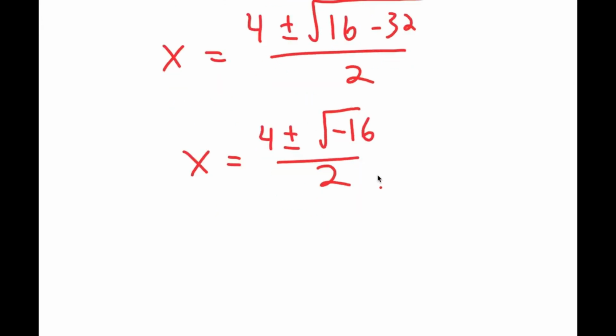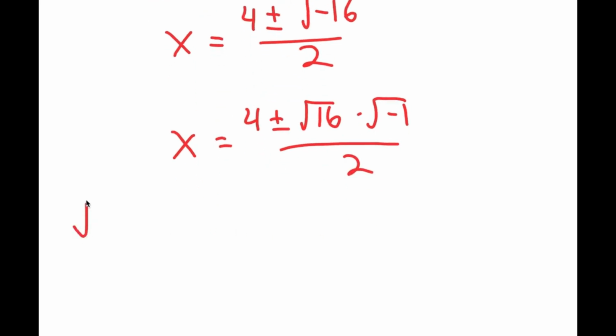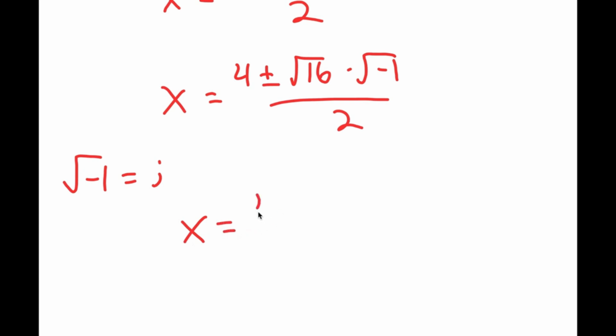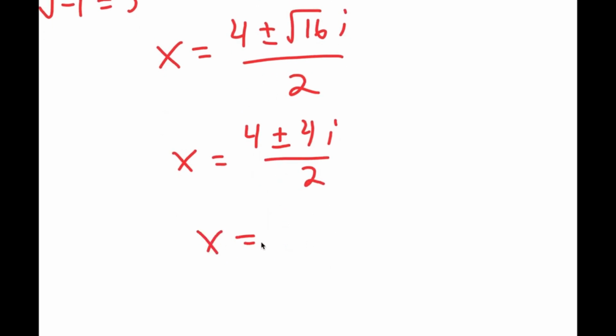So now, the square root of negative 16, I can rewrite that as the square root of 16 times the square root of negative 1, and the square root of negative 1 is equal to i. So I get x is equal to 4 plus or minus the square root of 16 times i over 2, and the square root of 16 is equal to 4, so I get x is equal to 4 plus or minus 4i over 2, which turns into 2 plus or minus 2i.